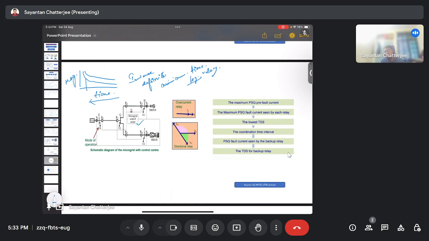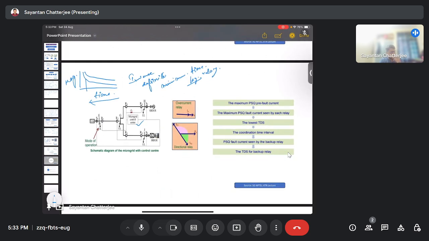So relays, for the time being, let's consider them as relays, because the information has to be sent to the relay. The microgrid control center has access to all these relays, as well as to the point of common coupling, PCC, that is the grid side.